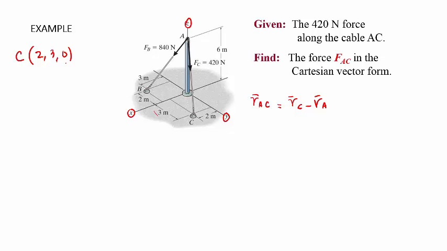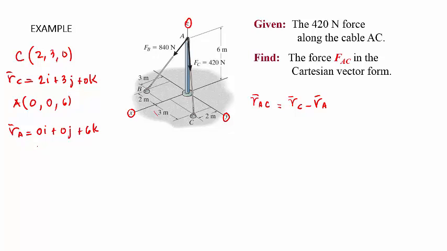Now those are the coordinates, but the vector C would be 2i plus 3j plus 0k. Now let's take a look at coordinates A. So point A, in X we have 0, in Y we have 0, and in Z we have 6. So vector A is 0i plus 0j plus 6k.